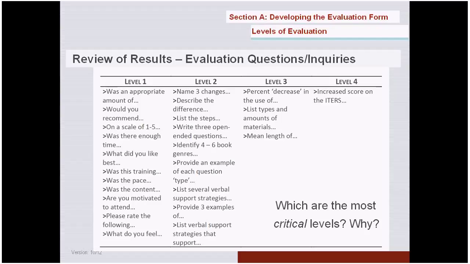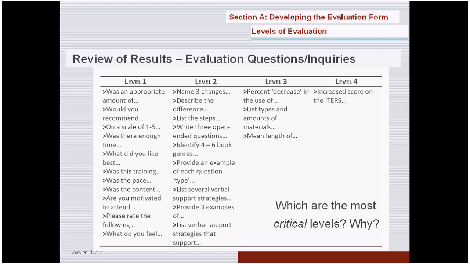The bottom line is level 1 and level 2 are nice to know, and they're appropriate. You get that at the end of training. But we're really all about the definition of change, effective training and changing behavior to have a better setting and a more effective setting for children.